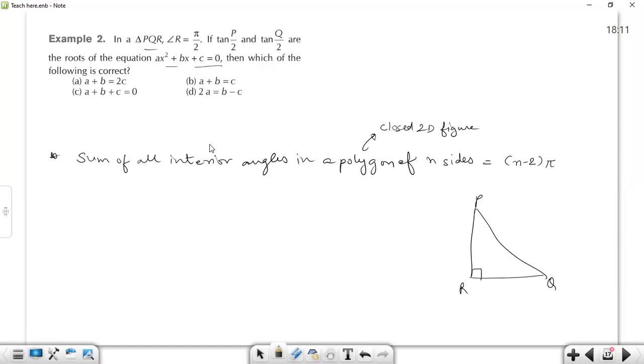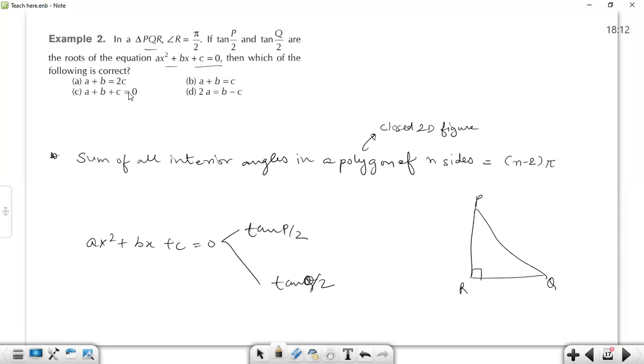Now we have to find out the relation between the coefficients of this given quadratic equation.